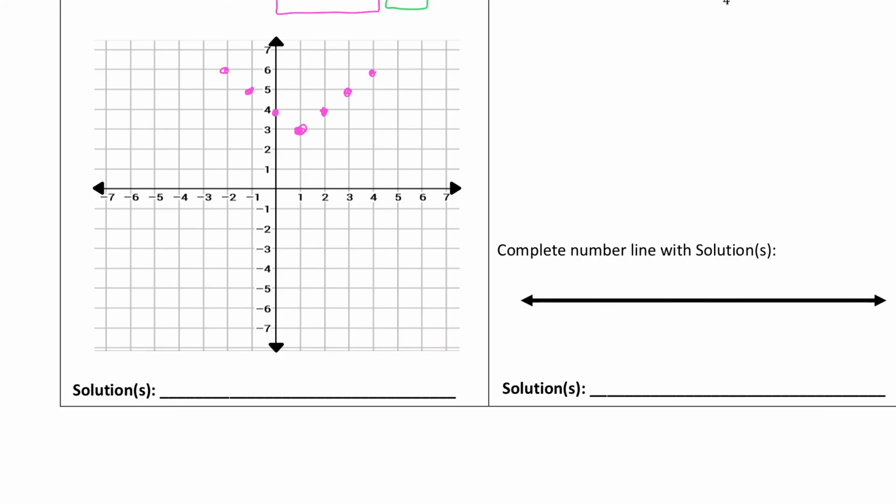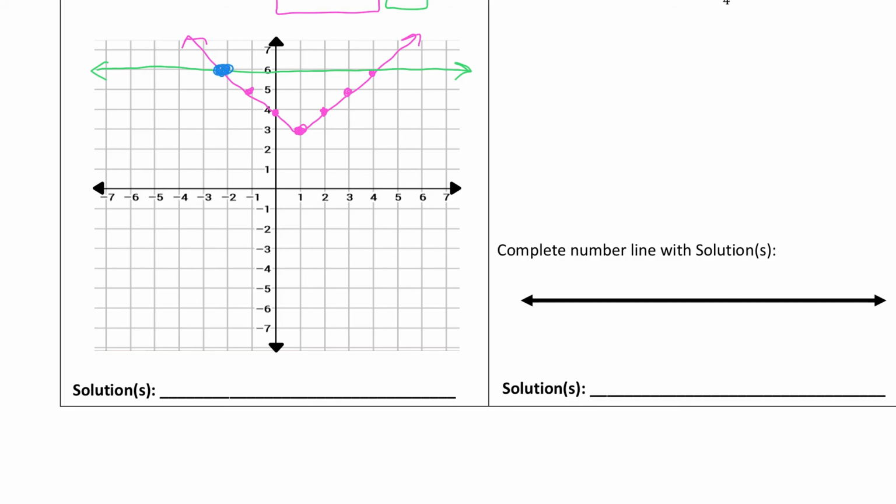So I'm going to try and draw a straight line, as straight as I can. Okay, then you're going to graph your horizontal line at y equals 6. So my horizontal line will be right here at y equals 6. Now, for solving, what you're looking for is where those two graphs cross.